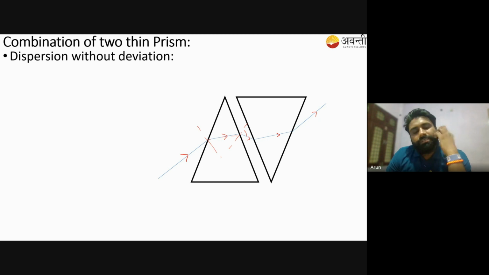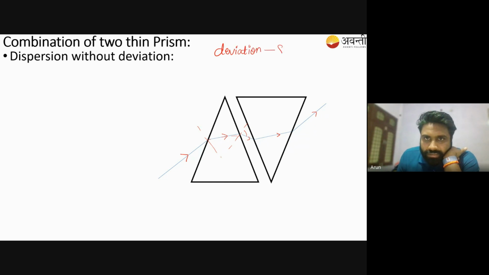Okay. So first thing we are going to do is dispersion without deviation by the combination of two thin prisms. What should be the value of dispersion without deviation? Deviation is represented by delta, and dispersion is represented by theta.